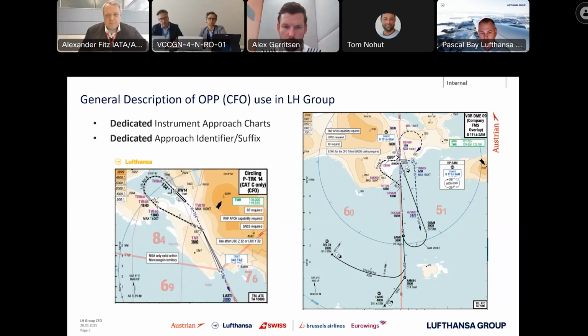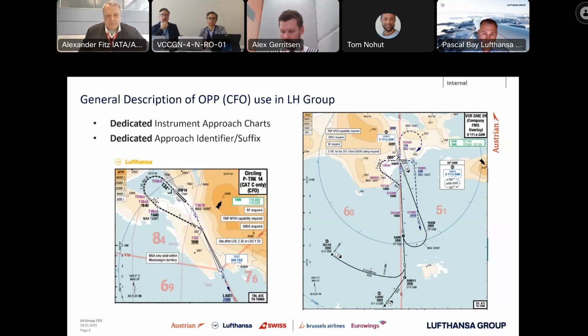Then we have the divergence point, and we follow the described track, as you have seen in the EasyJet presentation. On the right-hand side, another example out of a VOR DME approach, and then also with that turn-off on the left-hand side, and then the track to the runway.